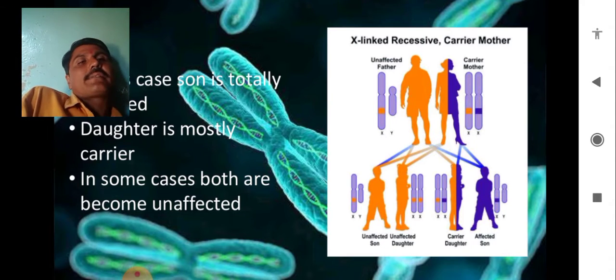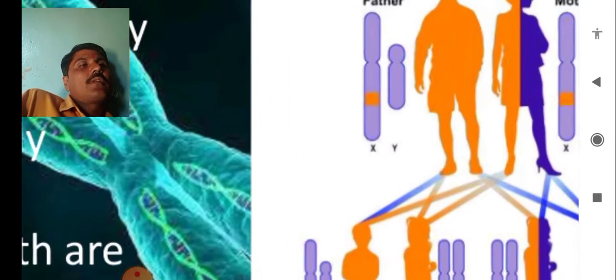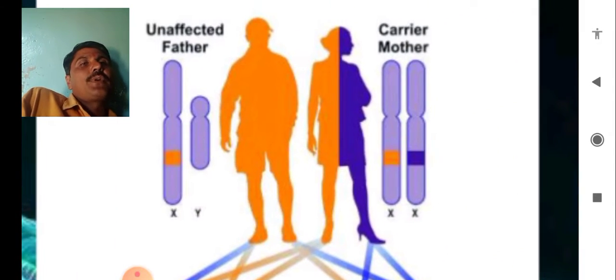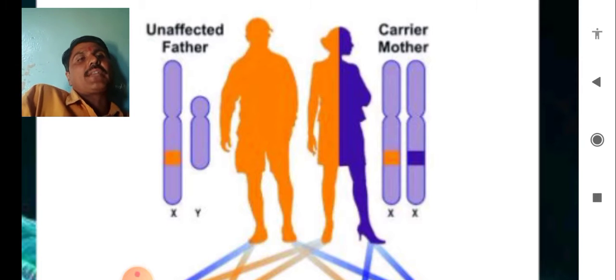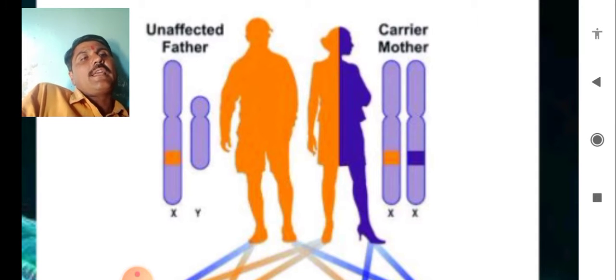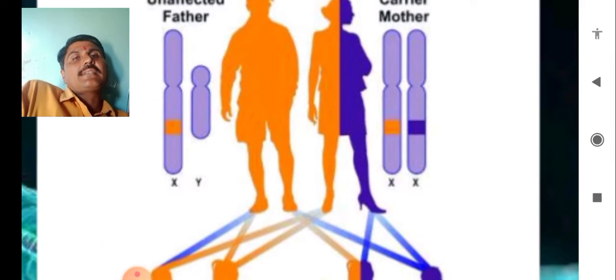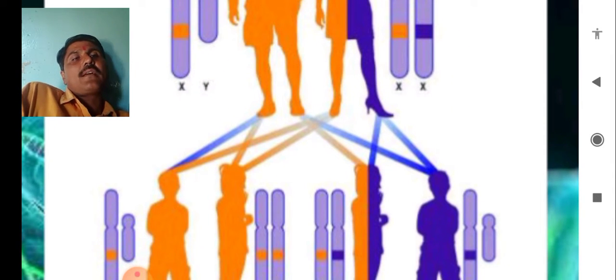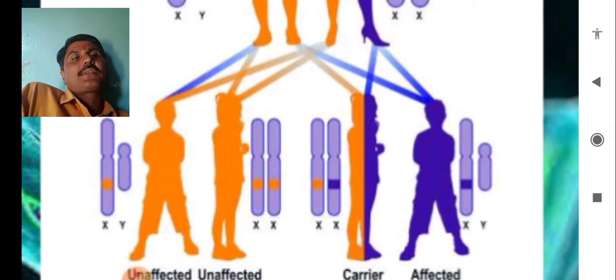So, look at this chart. I'm zooming out. The unaffected father is represented by the pink, and the carrier mother shows the pink and the blue, designated by the XY chromosomes for the father and double X chromosomes for the mother.